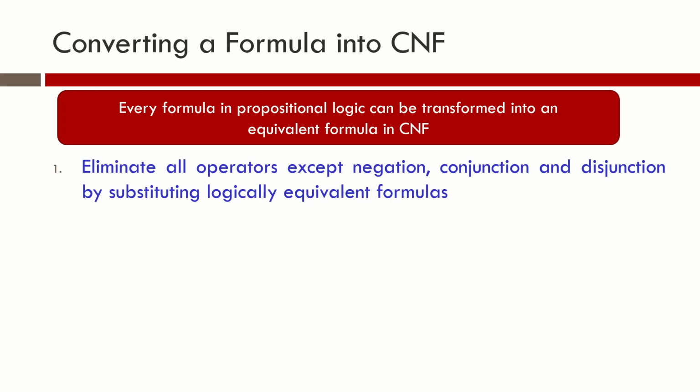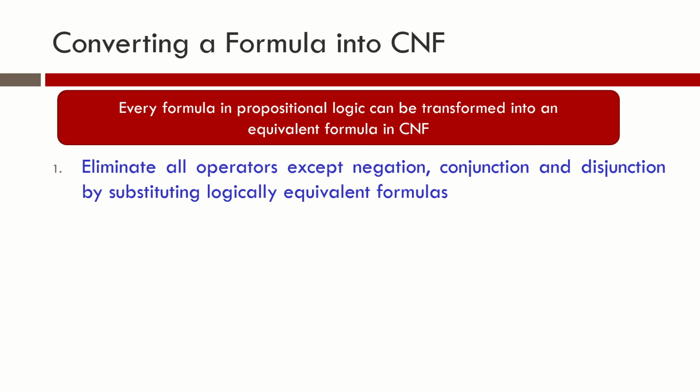In the first step, we eliminate all operators except negation, conjunction and disjunction by substituting logically equivalent formulas. If your formula contains operators like implies or equivalence or XOR, we should first convert the formula into one in which there will be only negations, conjunctions and disjunctions.